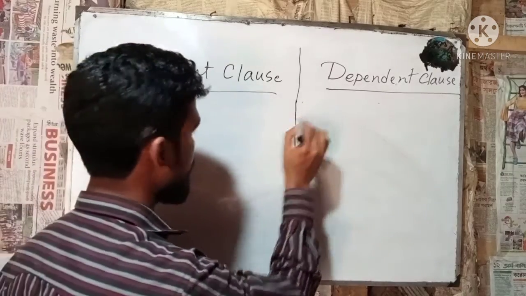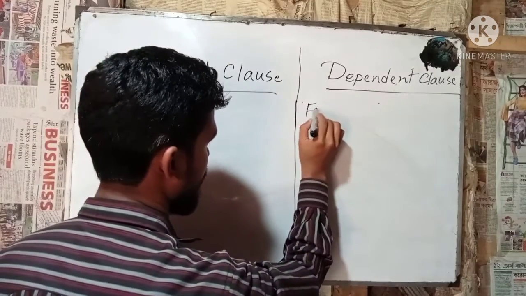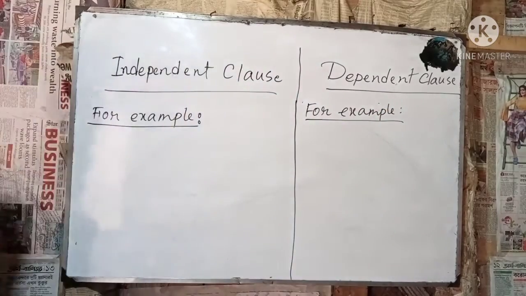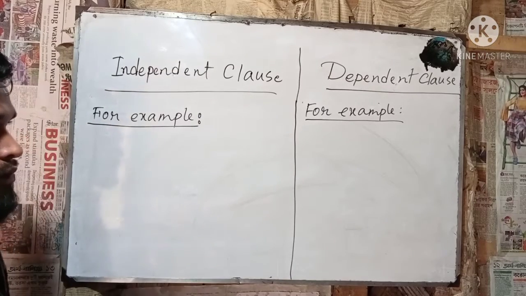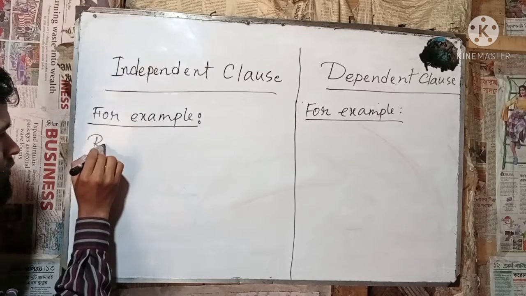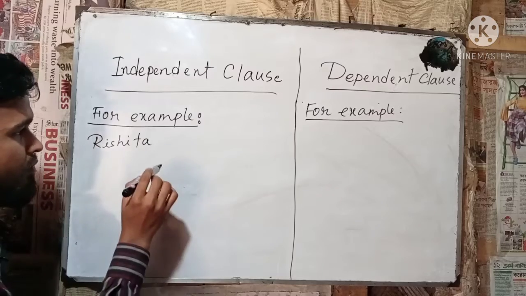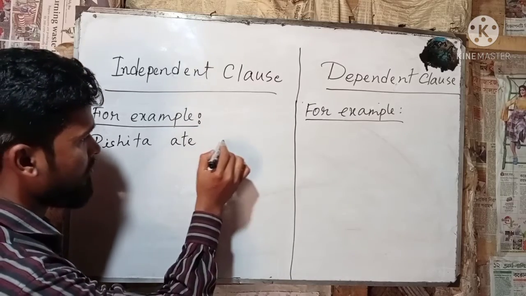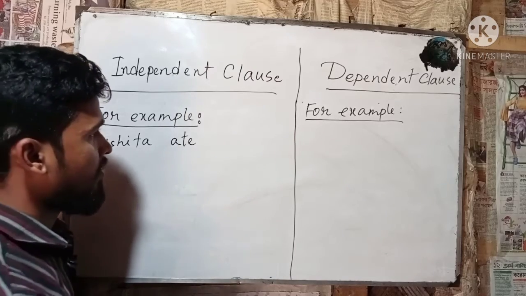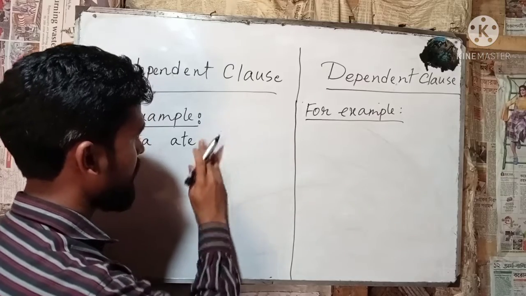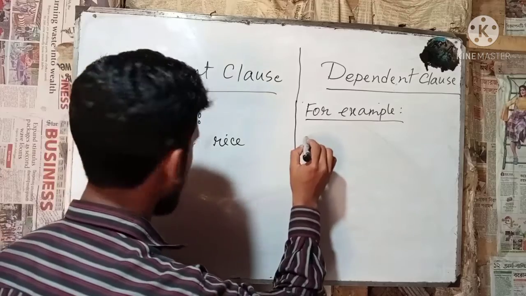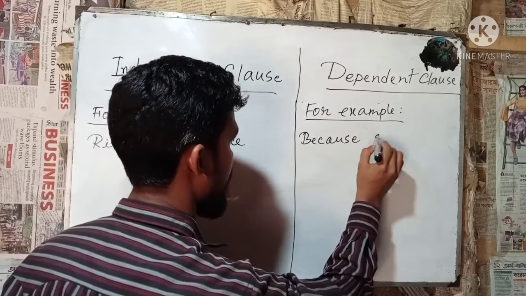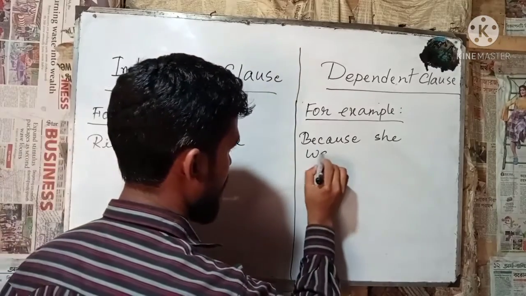For example, Rishita ate rice, because she was hungry.